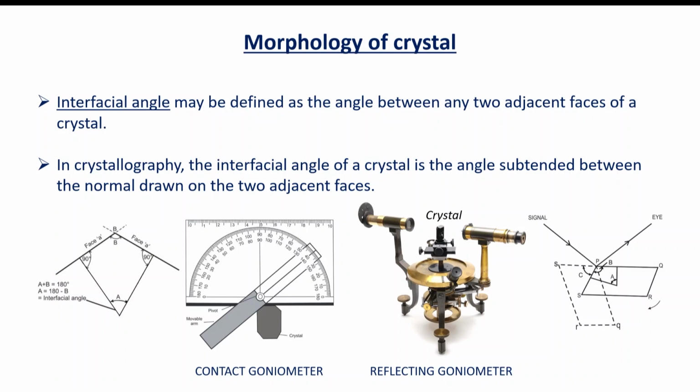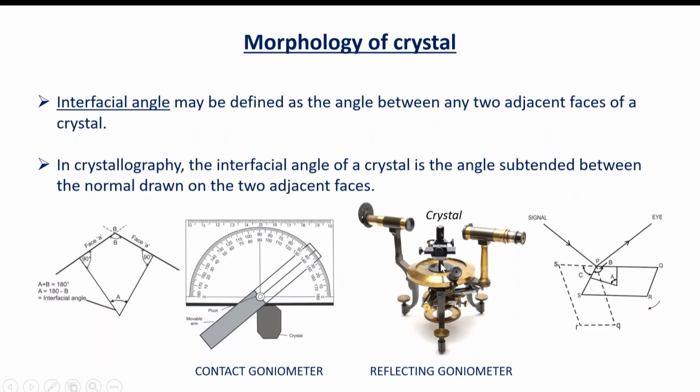So when you are rotating the crystal, and the light is getting reflected from a face and coming onto your eye, then you can see the face, and you can take the reading from the rotating stage, which is placed just below the crystal.